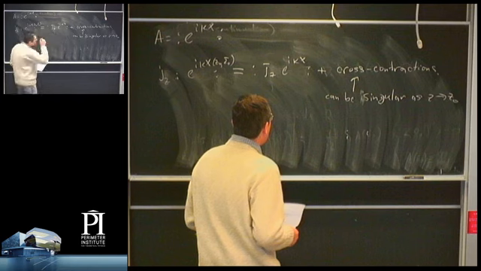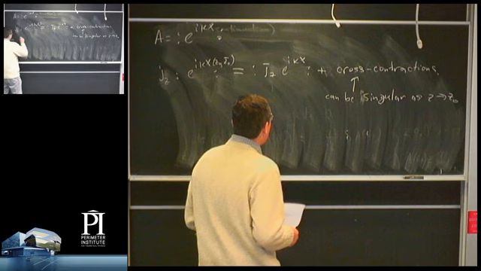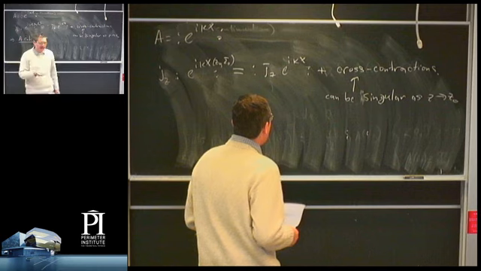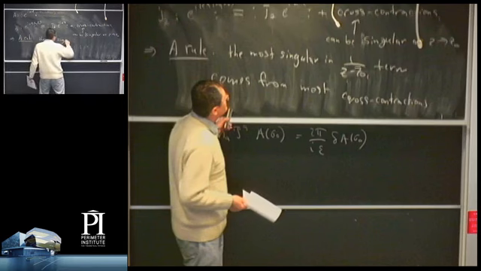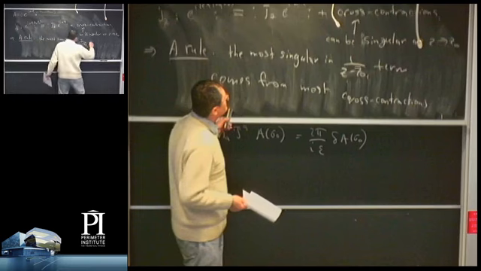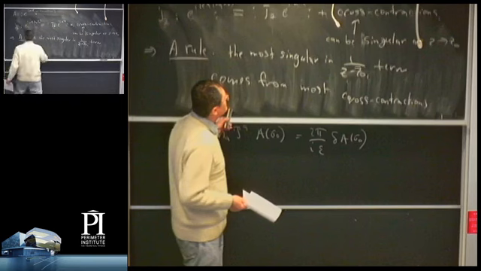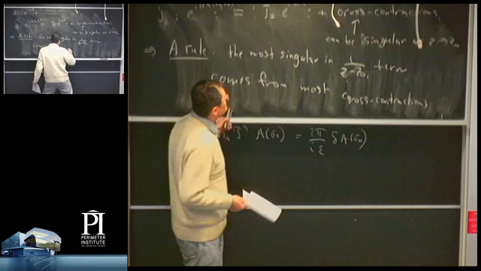And so you can play this game and you will see a rule, and again, it's like an empirical rule, but you can check it when you do exercises. The rule is the most singular 1 over z minus z naught term comes from most cross contractions.